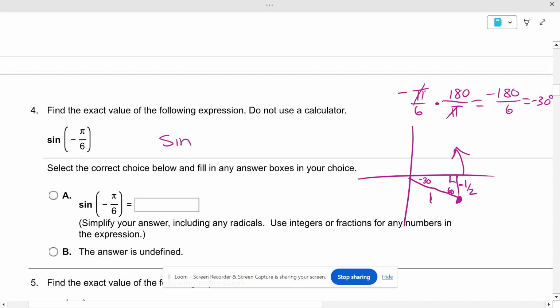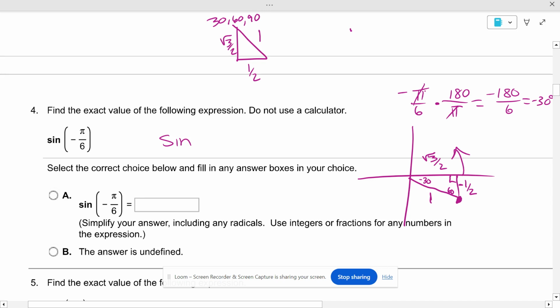Then to find the long side, you take this number times the square root of 3. What's 1/2 times the square root of 3? Square root of 3 over 2. But in this case, it's going to be positive because we're going in the positive x direction. So on a 30, 60, 90 triangle, the short side is 1/2, the long leg is square root of 3 over 2, and the hypotenuse is 1.